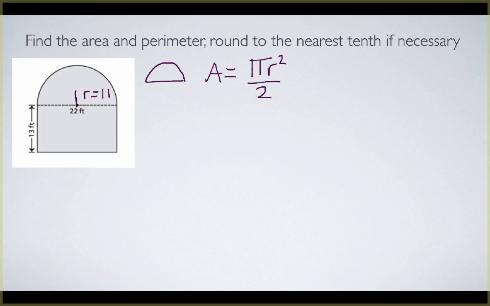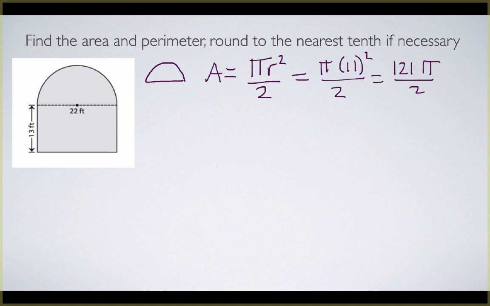So for our semicircle, we have pi times 11 squared over 2, which is 121 pi over 2. 121 pi divided by 2 is, when you round it, 190.1 feet squared.